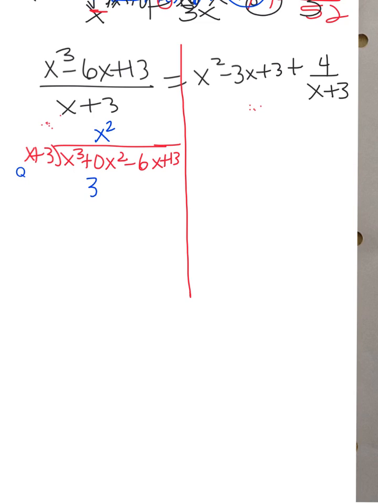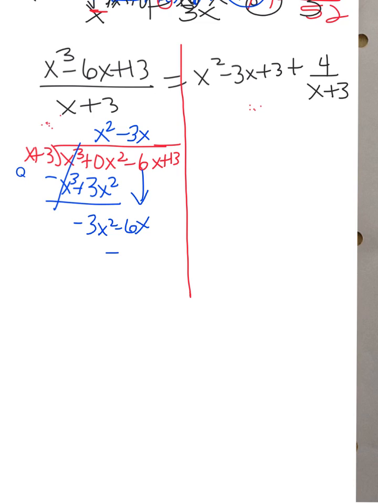Multiply down, I get 3x squared. And x squared times x is x to the third. Minus, make sure you subtract, so x to the third minus x to the third is 0. And I have 0x squared minus 3x squared, which is negative 3x squared. Then bring down the negative 6x. And then I need to get a negative 3x squared, so that's going to be negative 3x.